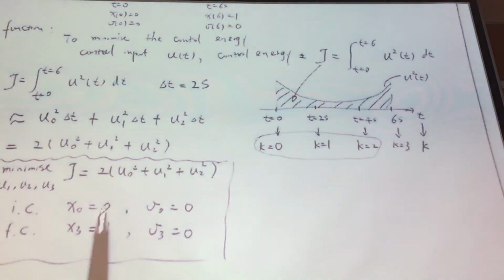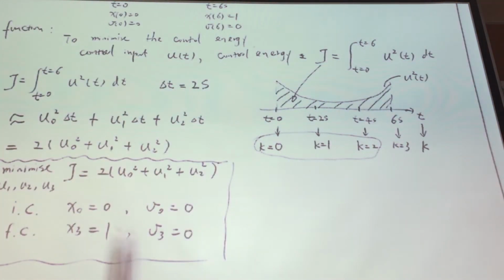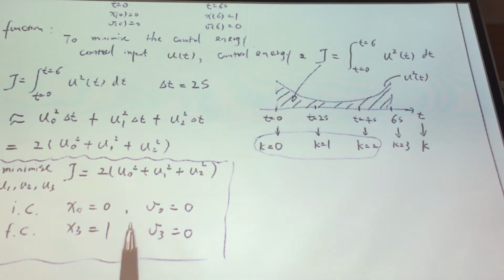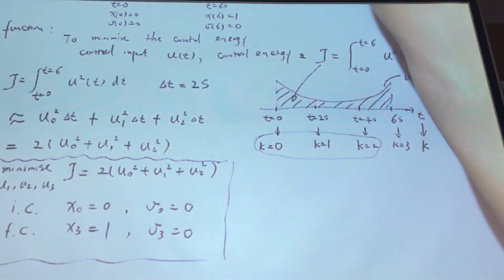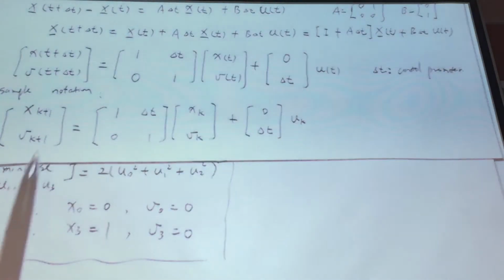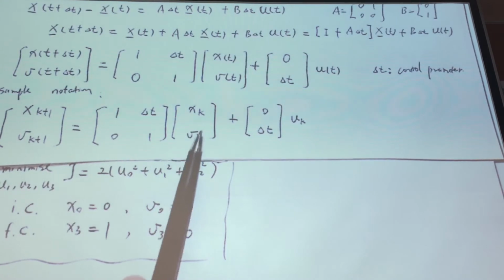But in this format, you may notice that they are still somewhat different. To solve that problem, we can use the update equation. So we know our update equation, and here we use it.